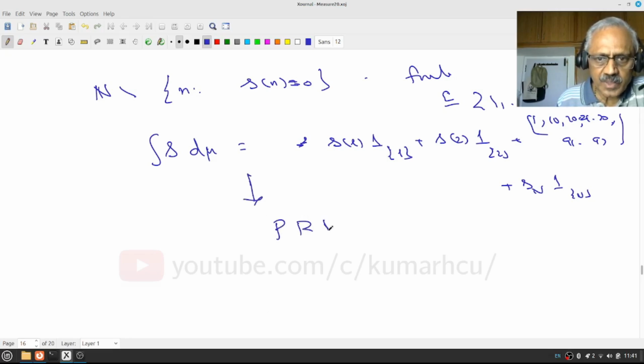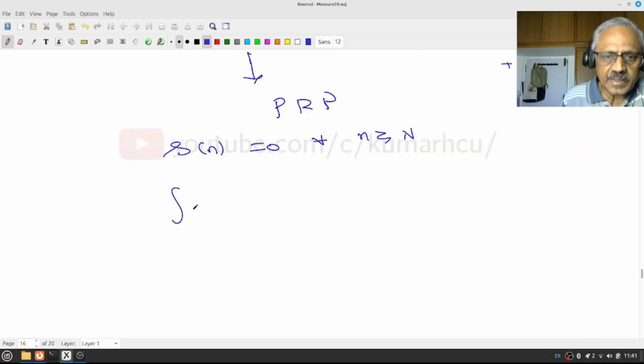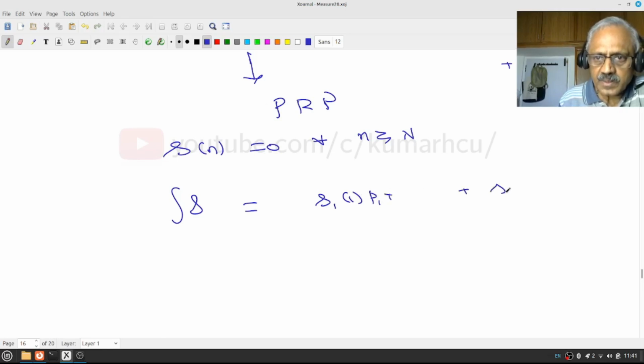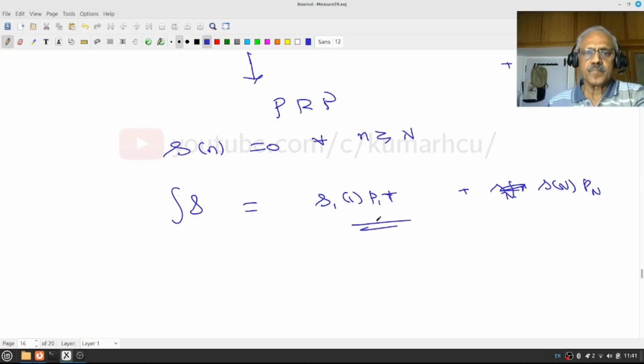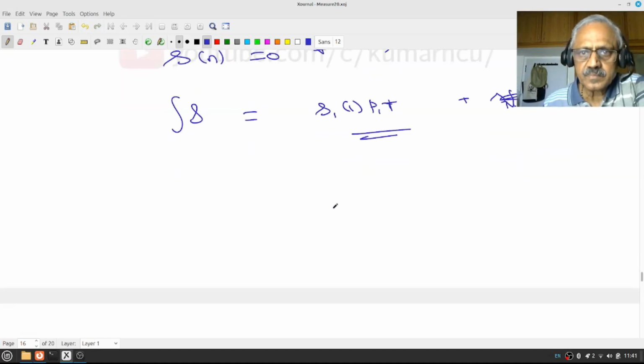What is our assumption? My s(n) is 0 for all n greater than or equal to n. Then I am claiming the integral of s is nothing other than s_1 times p_1 plus up to s_n times p_n.